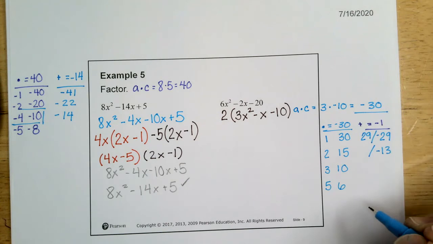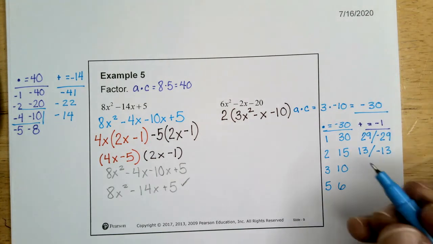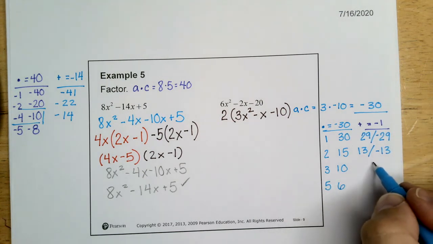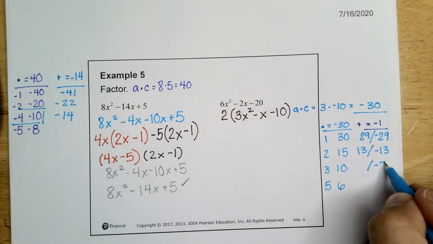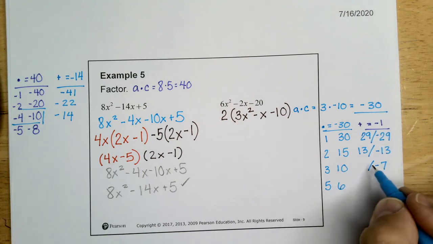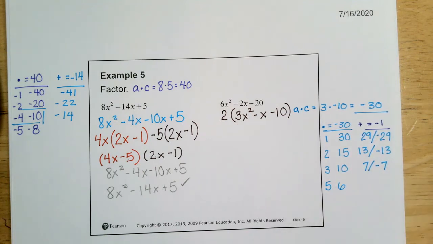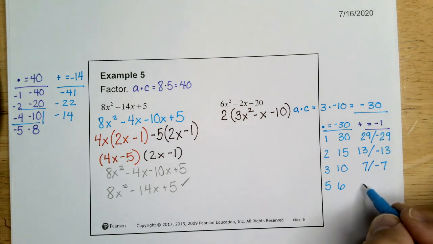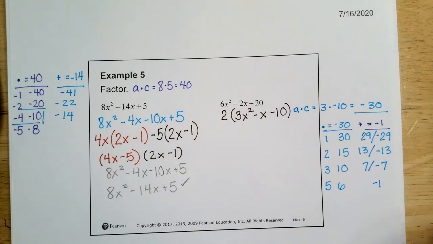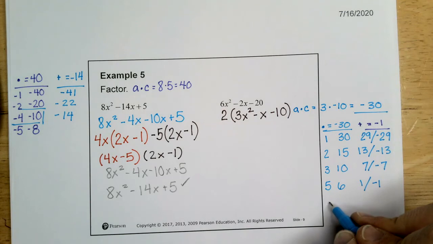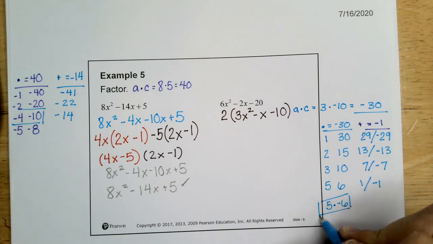If I put the negative in front of the 2, I would have a +13, right? 3 and -10 would give me -7. 10 and -3 would give me +7. Ooh, 5 and 6 though. 5 minus 6 would give me -1. 6 minus 5 would give me +1. So a +5 times a -6 is what I want.